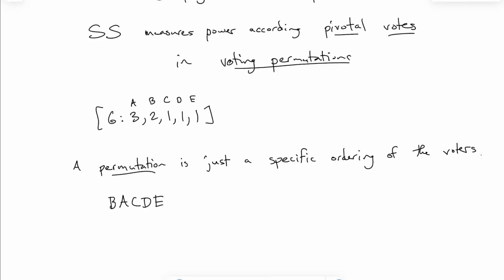And then, in this particular order, we can decide who is pivotal. What this means is you add the votes up as you go. So this ordering has B first, and then A, then C, then D, then E. I'm going to add those votes up as you go in that order and see whose vote in this particular ordering actually makes it to the quota.